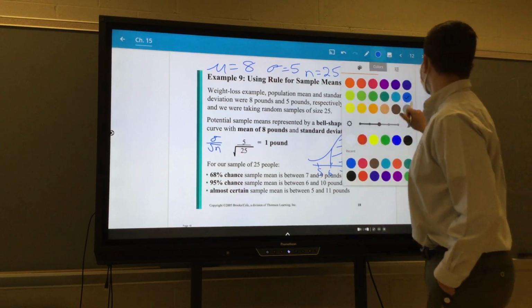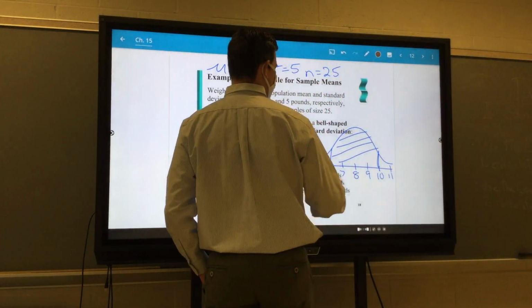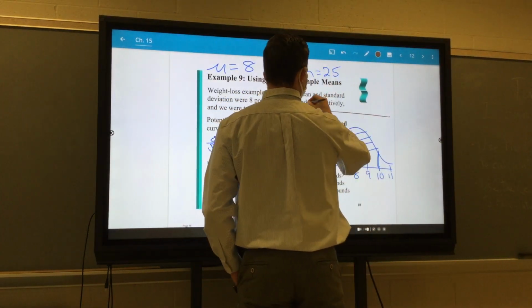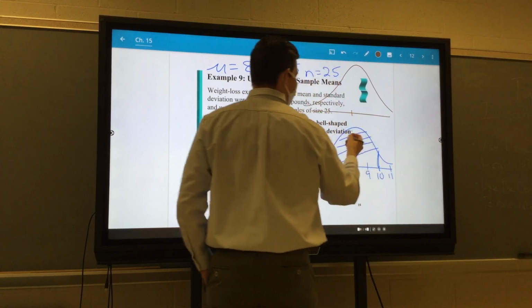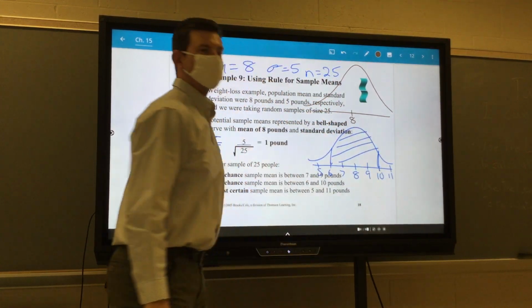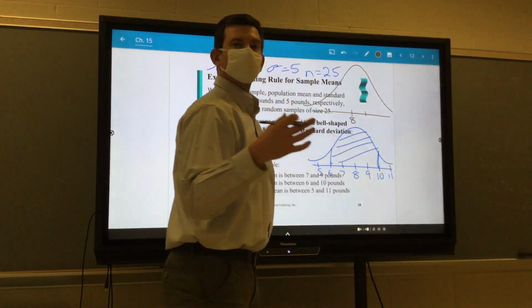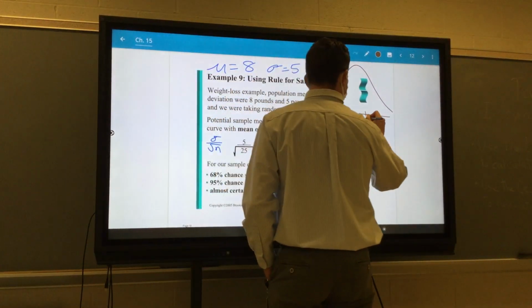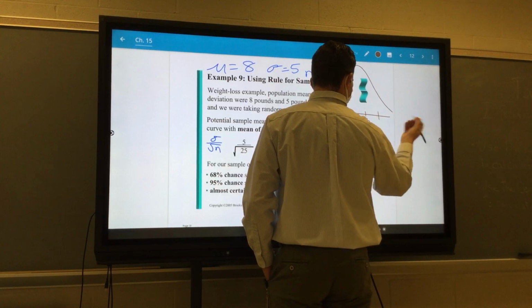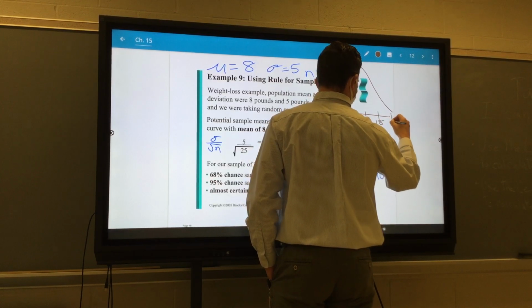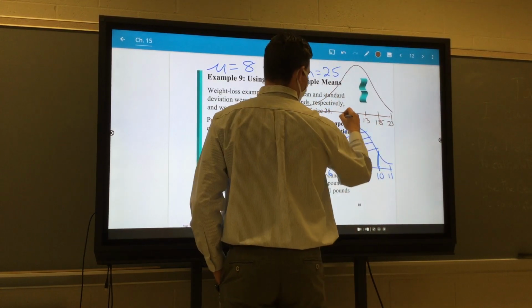Compare this back to our population. Remember, our population had 8 at the center as well, but its standard deviation was 5, so this was 13, this was 18, this would have been 23, but we didn't even take it out that far.